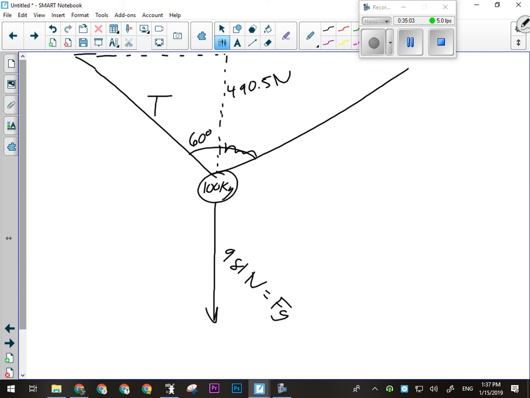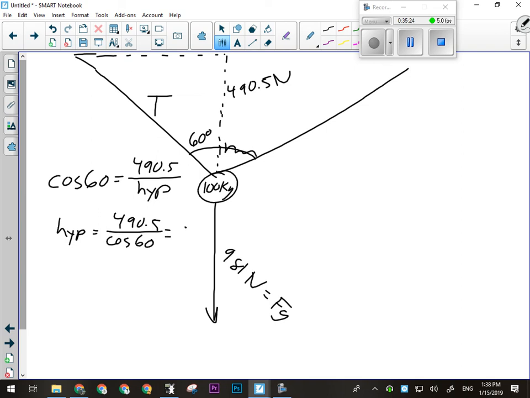Now that I have that, okay, I have the adjacent side, and I'm looking for the hypotenuse. Okay, so the cos of 60 degrees equals 490.5, the adjacent side, over the hypotenuse. Okay, so I'm just going to go hypotenuse equals 490.5 divided by the cos of 60, which I believe will make that 981 newtons.